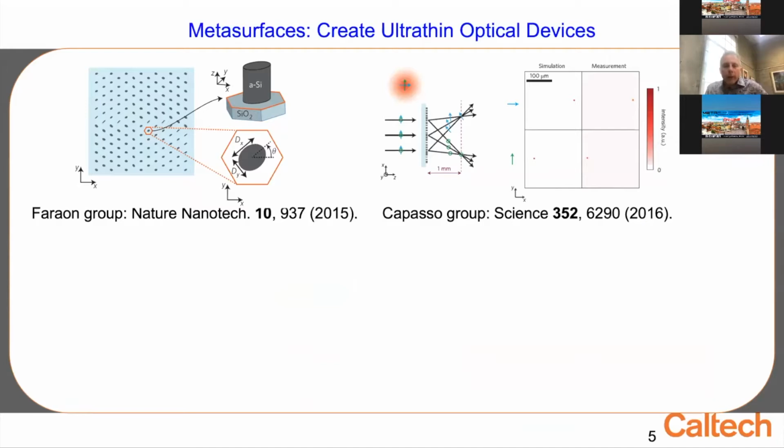So metasurfaces, of course, also have a very significant advantage over bulk optics, in the sense that not only are they flat and printable using lithography, they can encode multiple functions simultaneously.